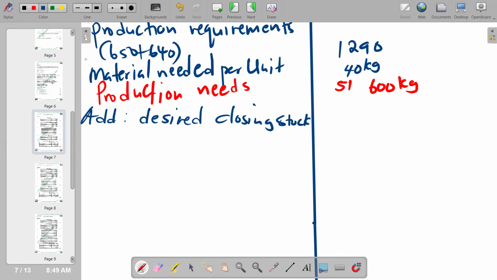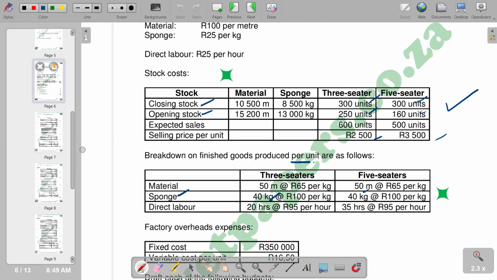For our closing stock, I will check again what we have in terms of closing stock, and we are looking for sponge only. Remember, this is the raw materials budget for sponge. So the desired closing stock we have is 8,500 kg.